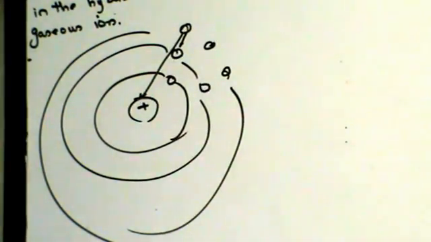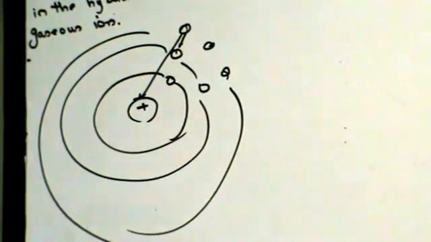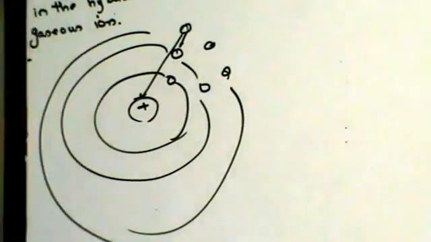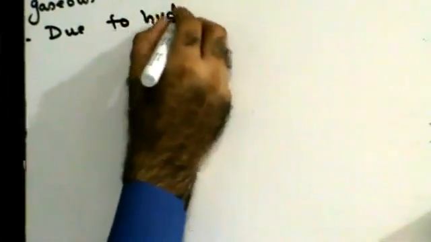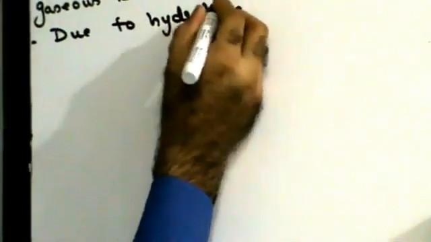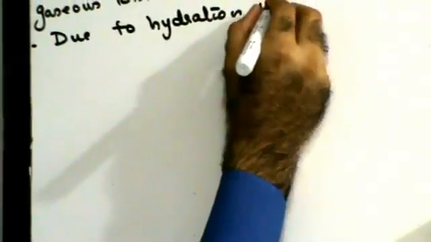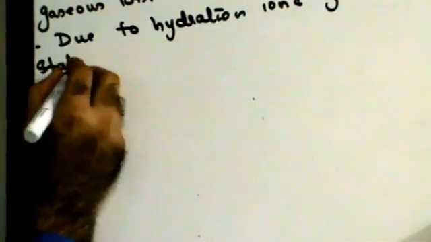So because of hydration, there is a shielding effect that is created on the ion which stabilizes the gaseous ion. Do we understand this? Right, let's write this down. Due to hydration, ions get stabilized.